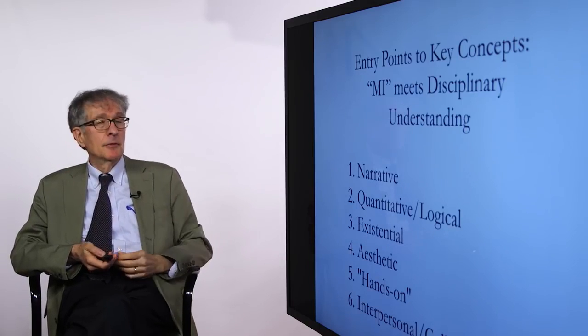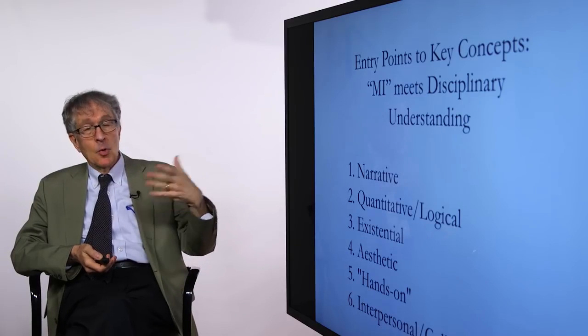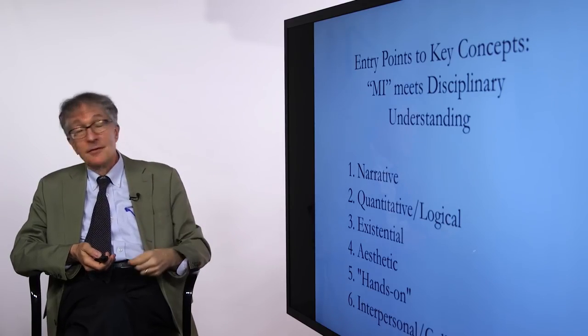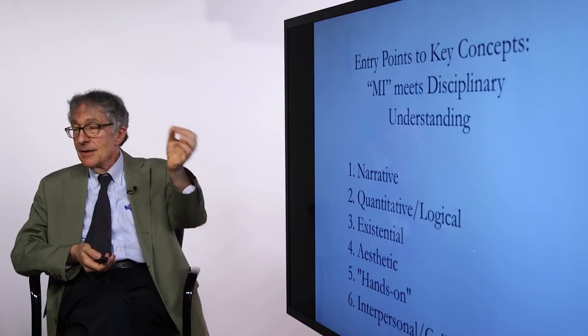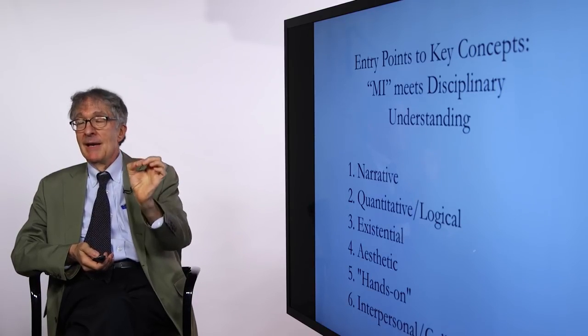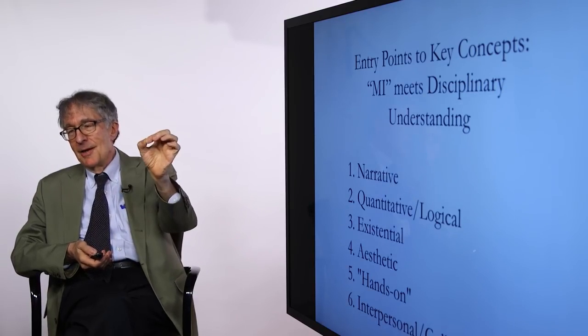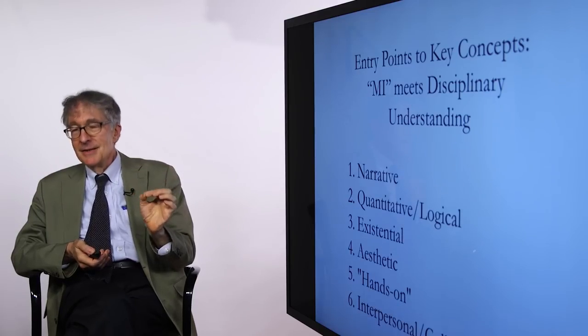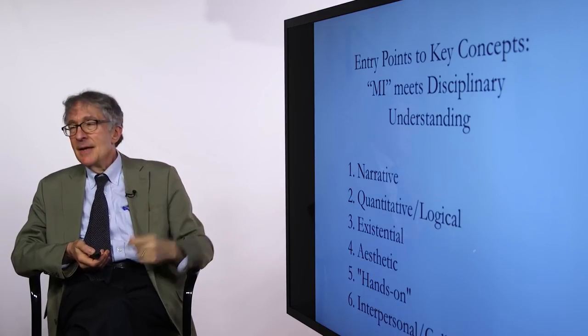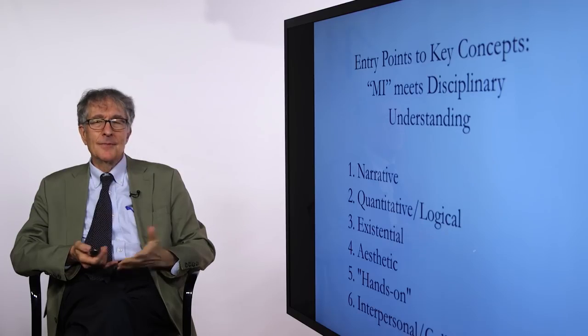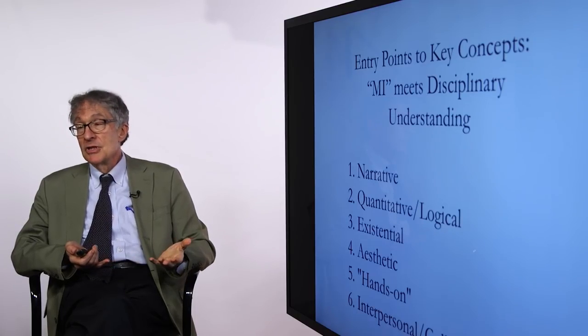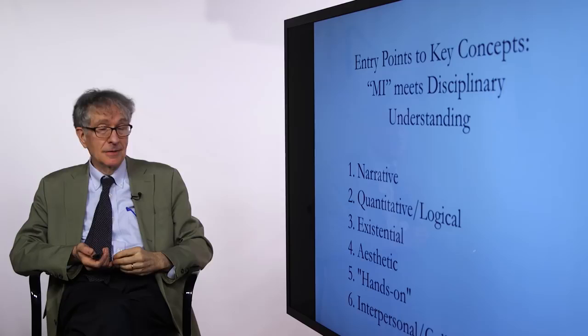One is through narrative, through stories. Another is through quantity, numbers. There are numbers in everything you study. Through logic. Even the Marriage of Figaro can be laid out as a syllogism. So-and-so loves so-and-so, so-and-so doesn't know about this, therefore that's going to happen. Existential, the big questions. Where do we come from? Evolution is the only scientific answer to that question.